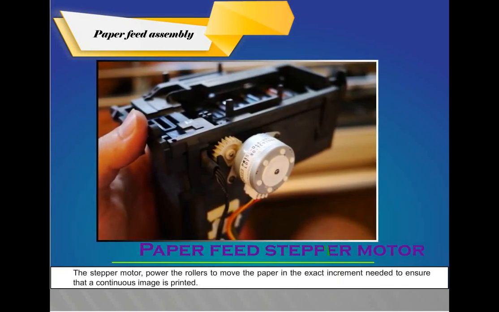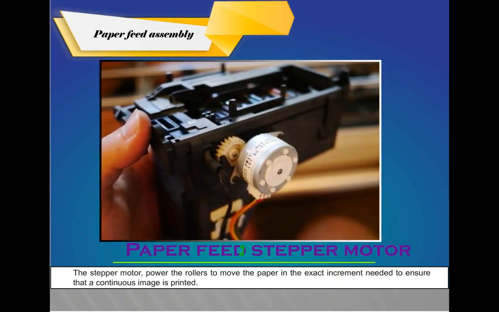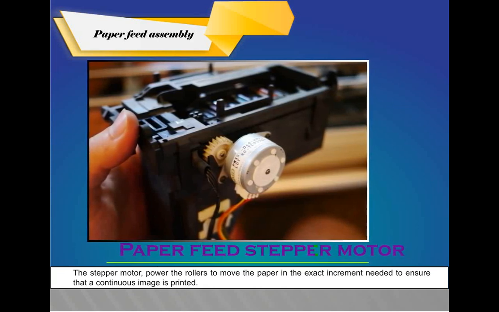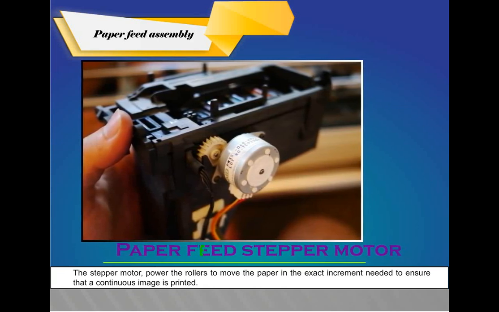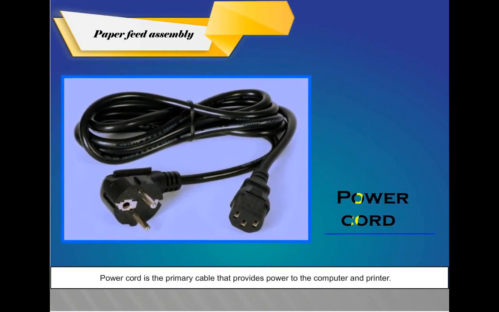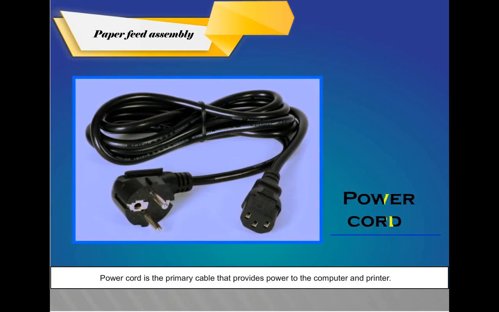Paper feed stepper motor. The stepper motor powers the rollers to move the paper in the exact increment needed to ensure that a continuous image is printed. Power cord. Power cord is the primary cable that provides power to the computer and printer.